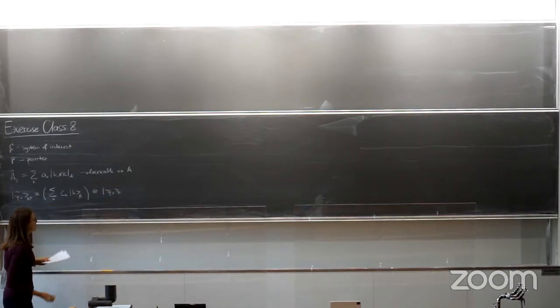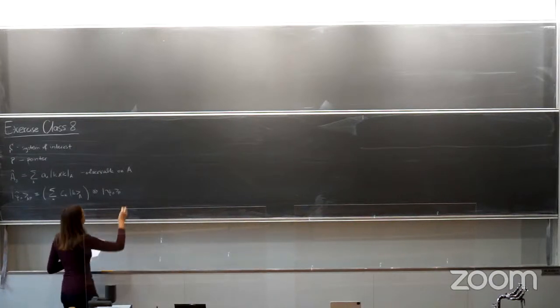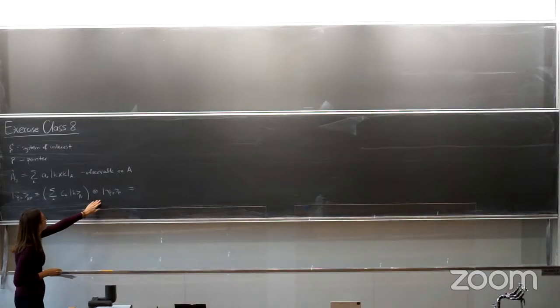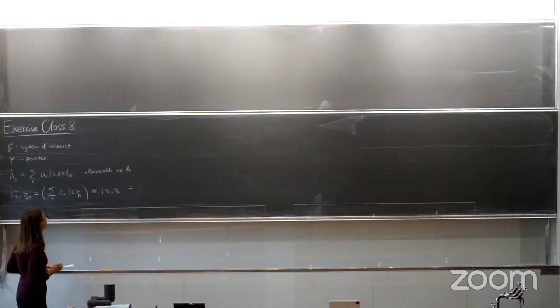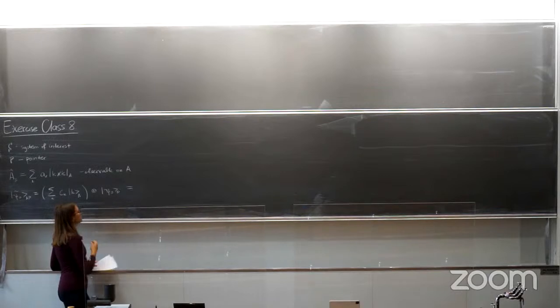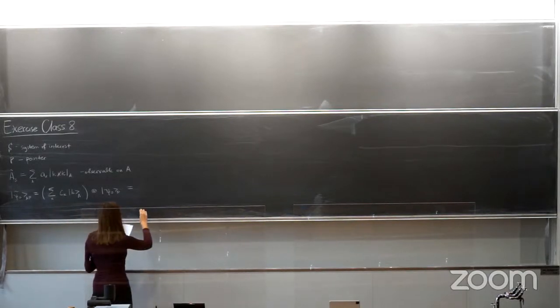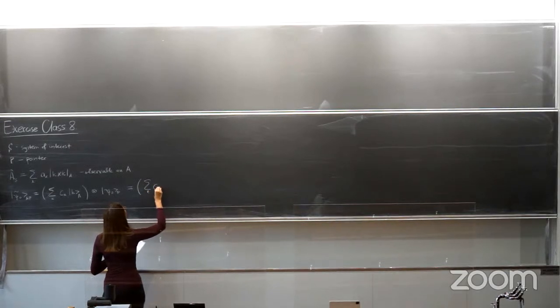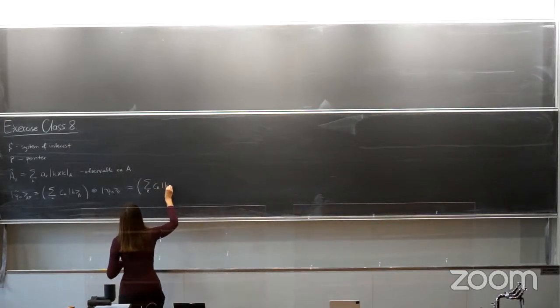And what we've seen in the lecture is the following. Suppose that we now expand the state of the pointer in a position basis, sorry, in a momentum basis. So the state of the system S stays as it is.